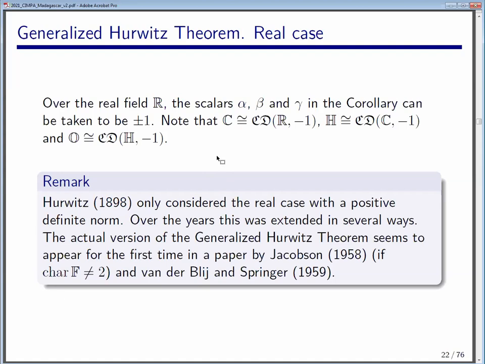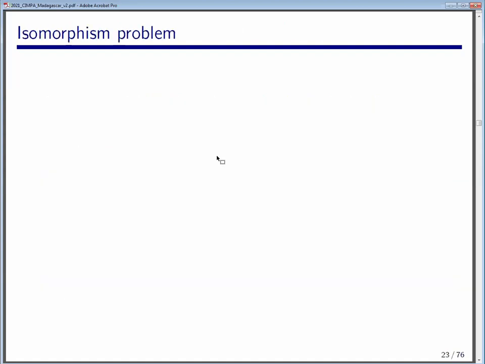Okay, so now we have seen that any unital composition algebra, the Hurwitz algebra, is obtained by doubling algebras of small dimension. Well, there is a problem in characteristic 2 and dimension 2, where the two-dimensional algebras are not obtained by doubling the field, but apart from this problem, essentially all these algebras are obtained using the Cayley-Dickson doubling process.